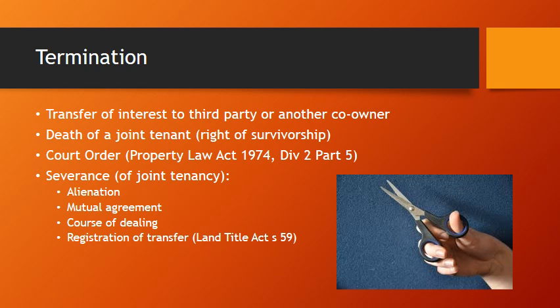The first and best way to get rid of a co-ownership arrangement is to have all the parties agree that they're going to transfer their interest to a third party, or indeed two or more of them are going to transfer it to the remaining co-owner. What that will do is break the unity of title that they all hold and allow the new owner to become the owner without any form of co-ownership arrangement.